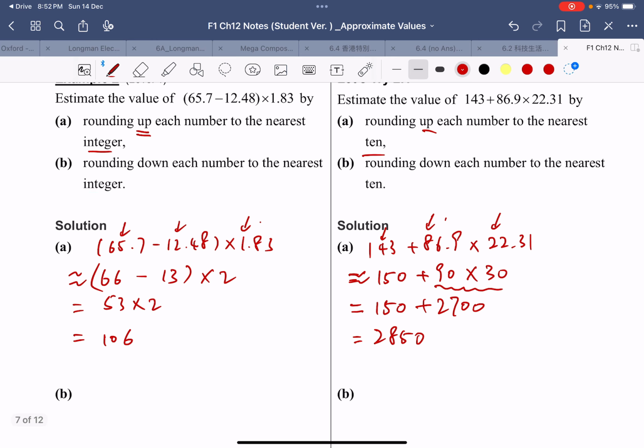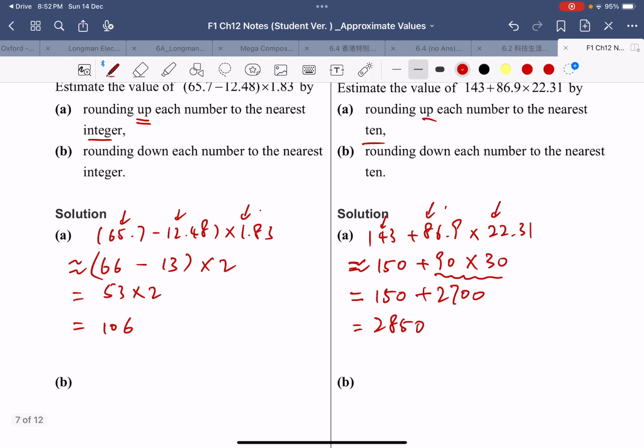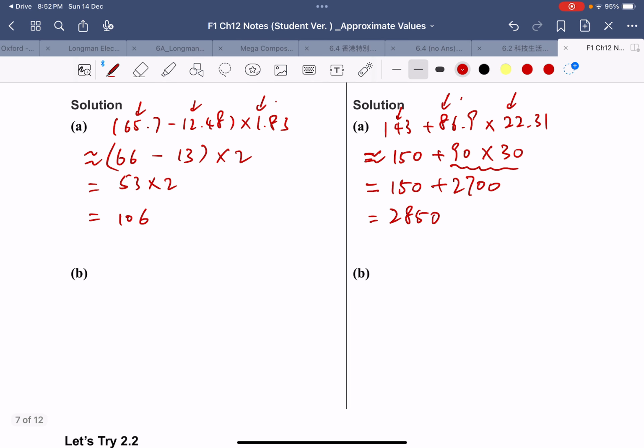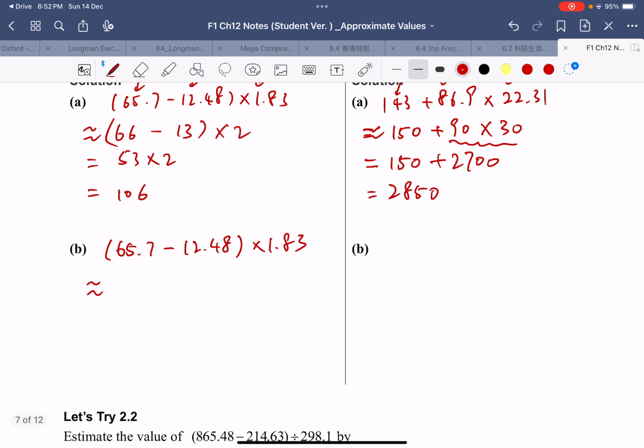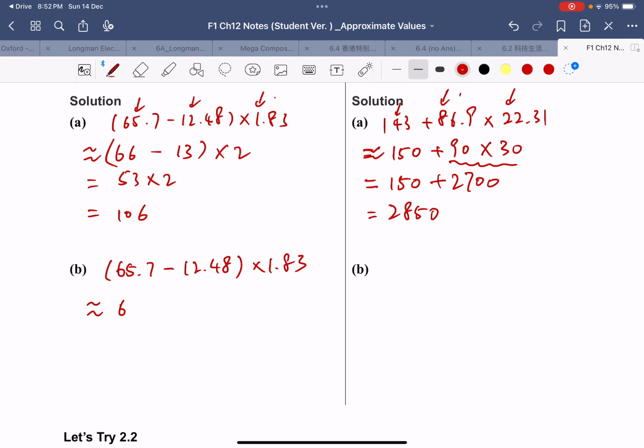Alright. And then round down each number. Copy the question and round it down. Round down to integer, right? Round down, 65. Okay, leave out the 0.7 here. Leave out. Round down. Round down.